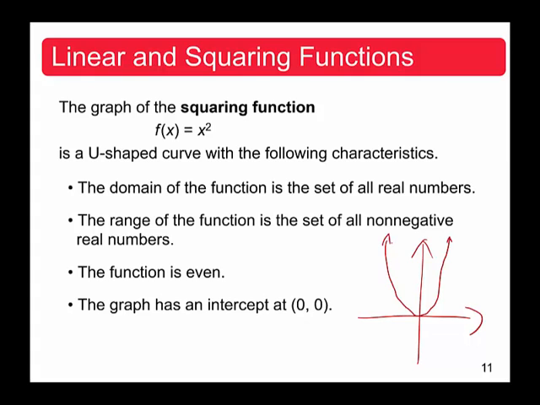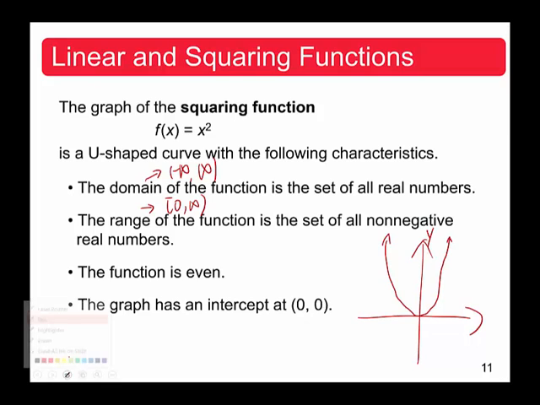So the domain is all real numbers, negative infinity to infinity using interval notation. The range is from 0, including 0, to infinity. And the function is an even function because it's symmetric with respect to the y-axis.